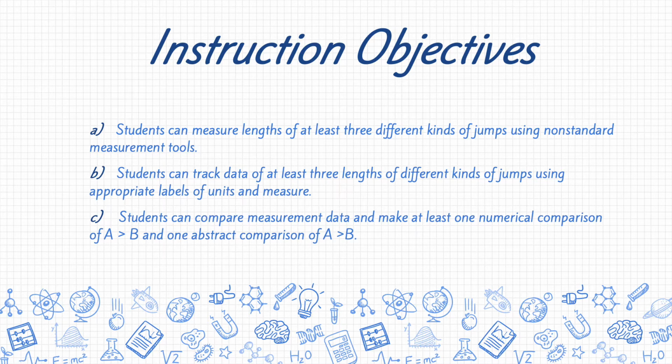So that's making sure that students incorporate popsicle sticks if they measured in popsicle sticks, or Unifix cubes, and doing that accurately. And then the third objective is that students can compare measurement data and make at least 1 numerical comparison and 1 abstract comparison. And these 3 objectives will be used when the teacher assesses the students' data collection sheets.